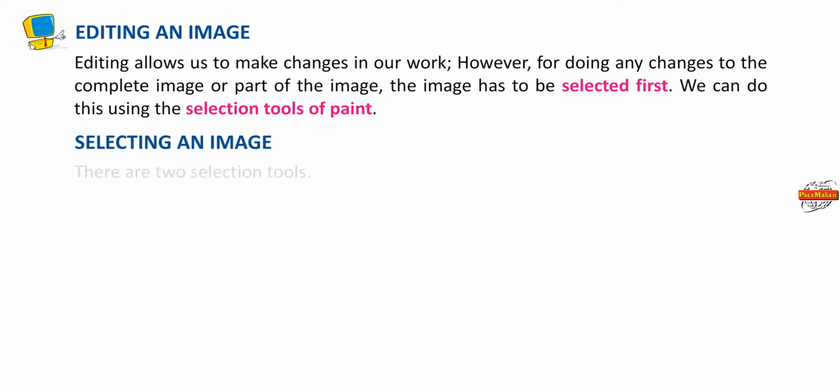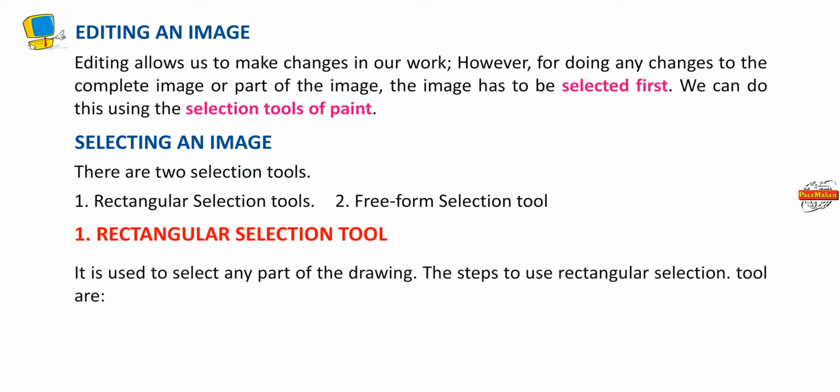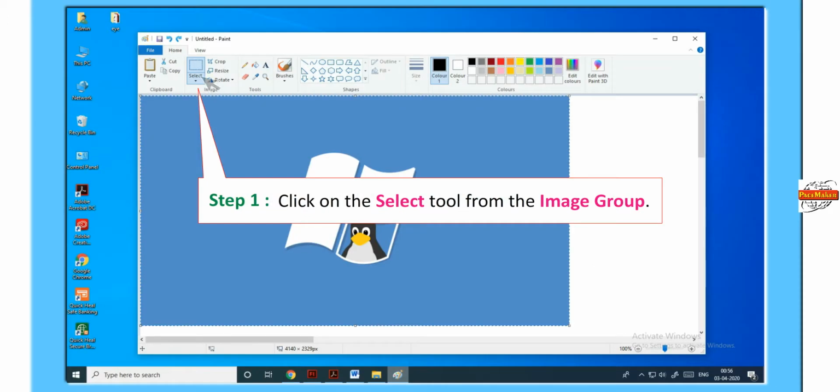Selecting an image. There are 2 selection tools: Rectangular Selection Tool and Freeform Selection Tool. Rectangular Selection Tool is used to select any part of the drawing. The steps to use this tool are as follows. First, click on the Select tool from the image group.